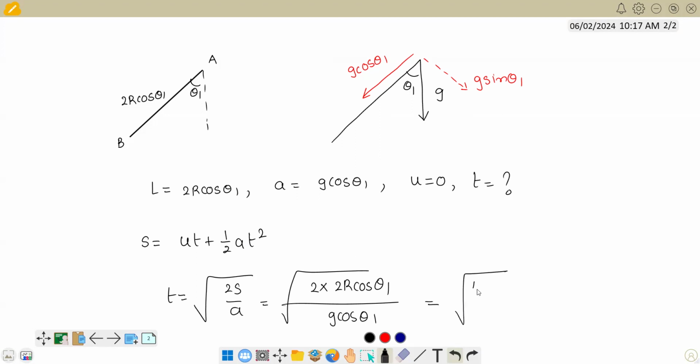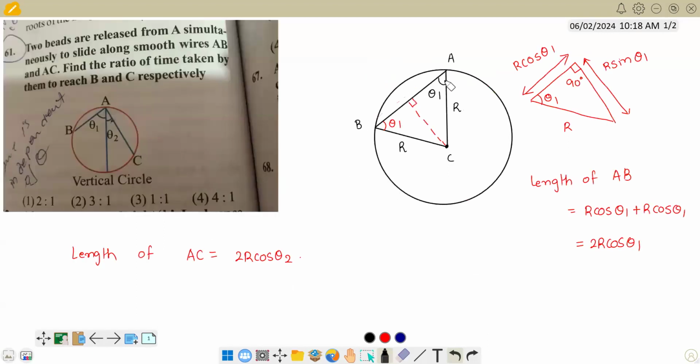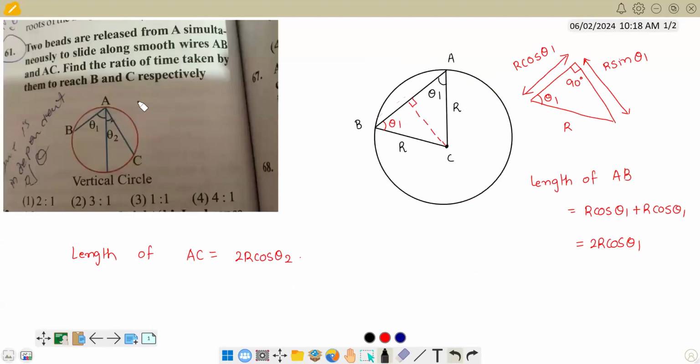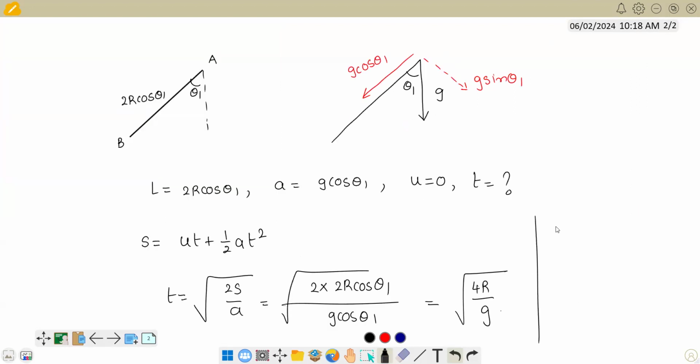So you will get root 4R by g. Interestingly, the time required to slide from one point in a circle along the path which represents the chord is independent of the angle theta. You do the same thing for the other one also. Everything else would cancel out, and again we'll get t2 equal to root 4R by g. And with this, we can say t1 is to t2 equal to 1 is to 1.